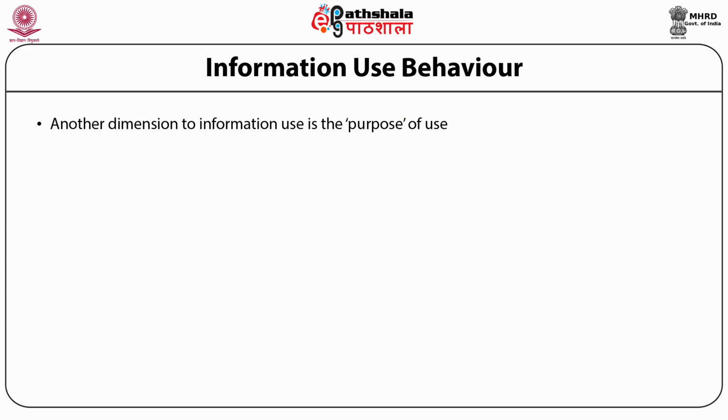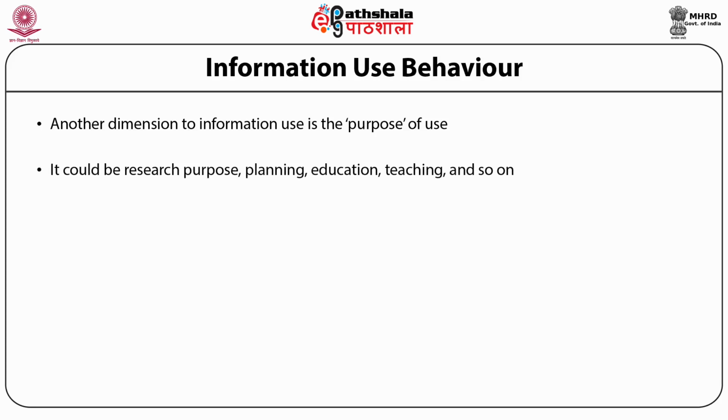It is very essential, therefore, that the librarian determines or establishes the purpose of use of information by various segments of users. The purpose could be research, planning of a project, education, teaching, and so on.